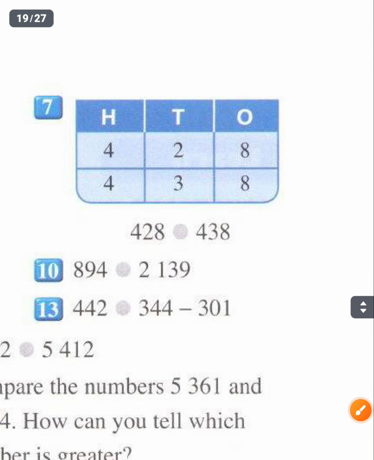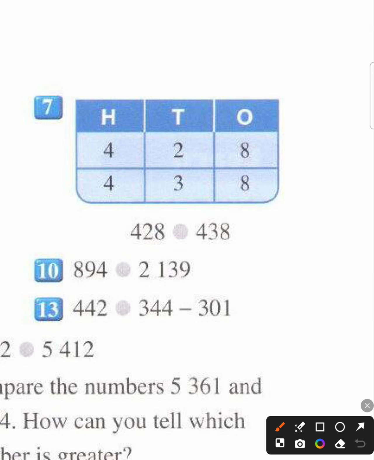After, 428 and 438. We see 4, 4, the same, 2 and 3, and now you can say that the second number is greater than the first number. 894 and 2139. 2000 is greater than 894.